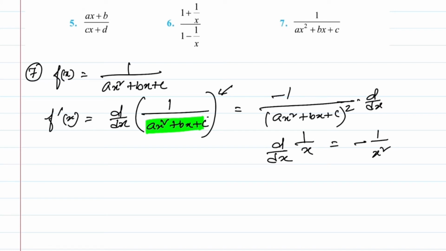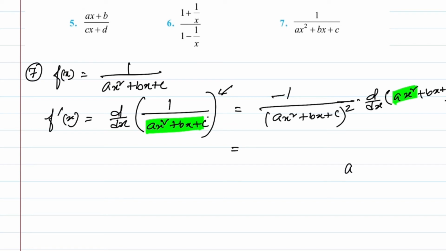So minus 1 by ax square plus bx plus c whole square into the derivative of ax square plus bx plus c. Now the derivative of ax square can be written as a into the derivative of x square.